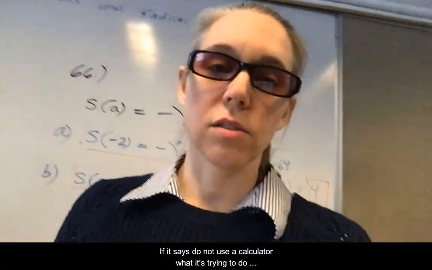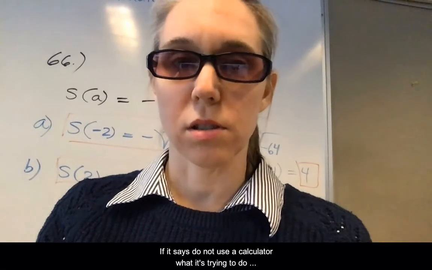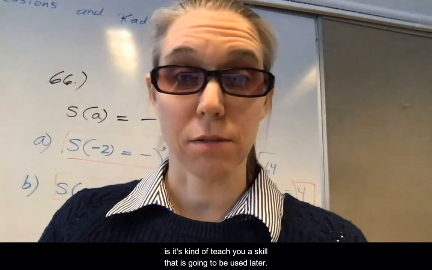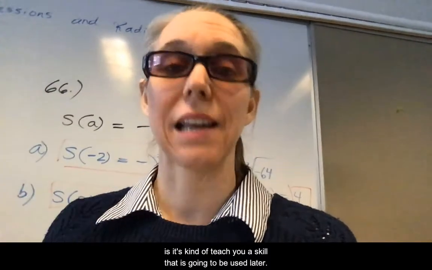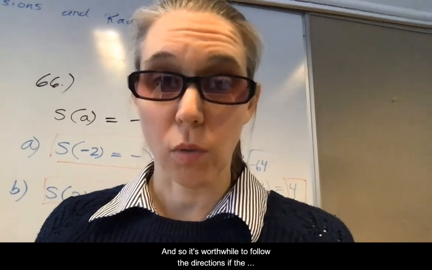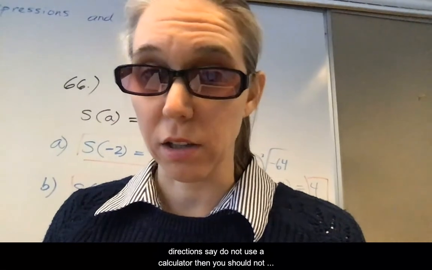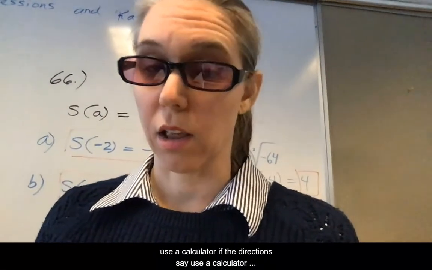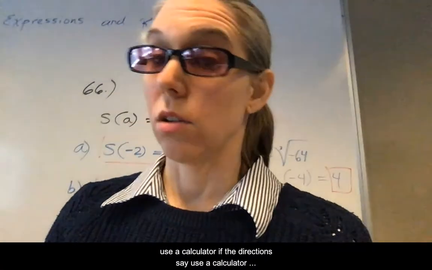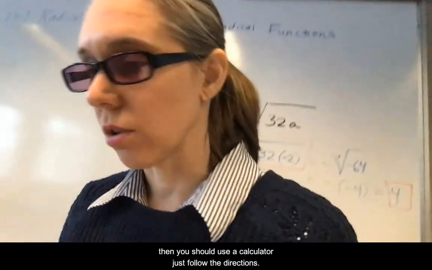If it says do not use a calculator, what it's trying to do is teach you a skill that is going to be used later. And so it's worthwhile to follow the directions. If the directions say do not use a calculator, then you should not use a calculator. If the directions say use a calculator, then you should use a calculator.